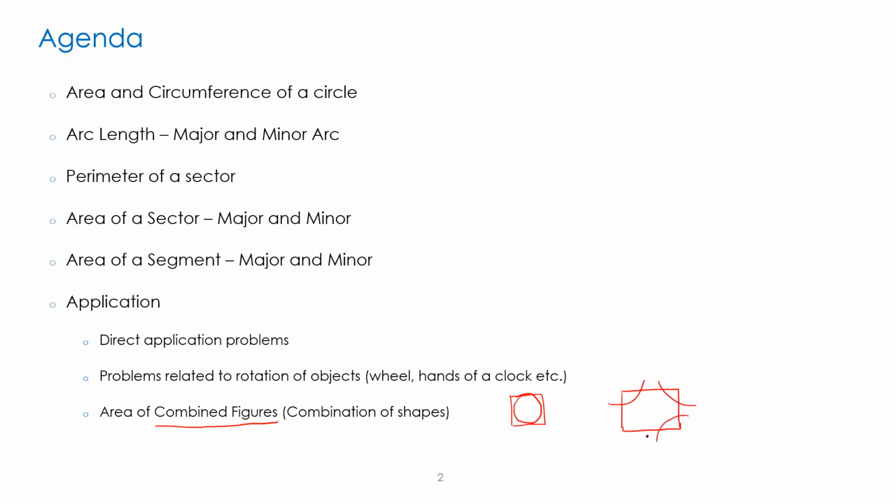You could have arcs cut like these, and then you would be asked to find the shaded area. Or it could be a couple of shapes superimposed on one another, okay, something like this, right? There could be various of these, and I think working on the combination of 2D figures and finding the areas is very interesting. So let's look at those.